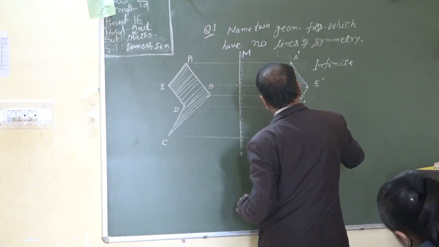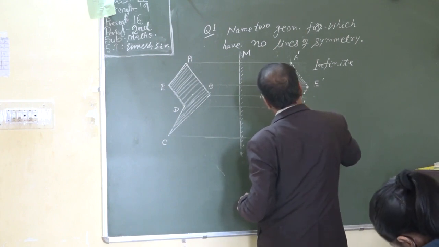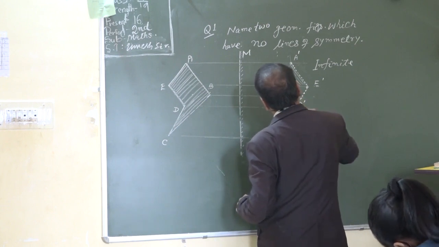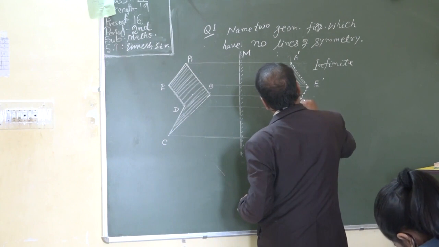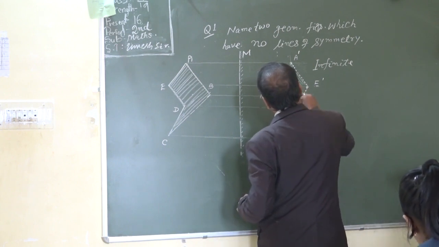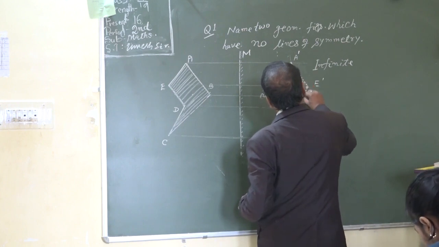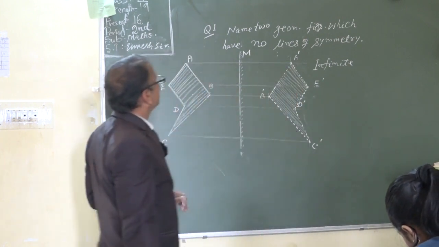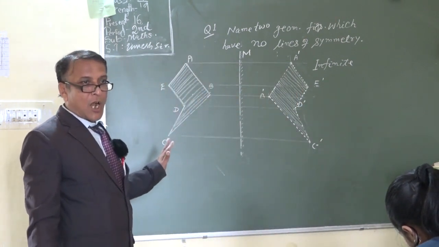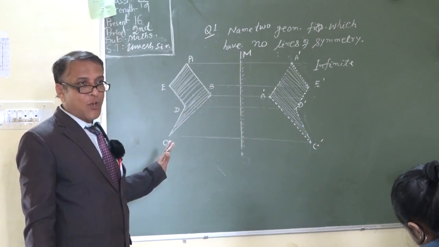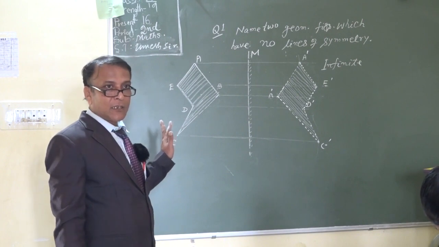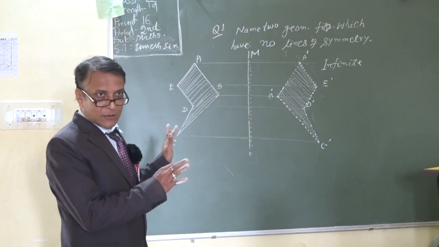So this is your complete mirror image of the given figure, that is A, B, C, D, E. Is it looking like the mirror image?